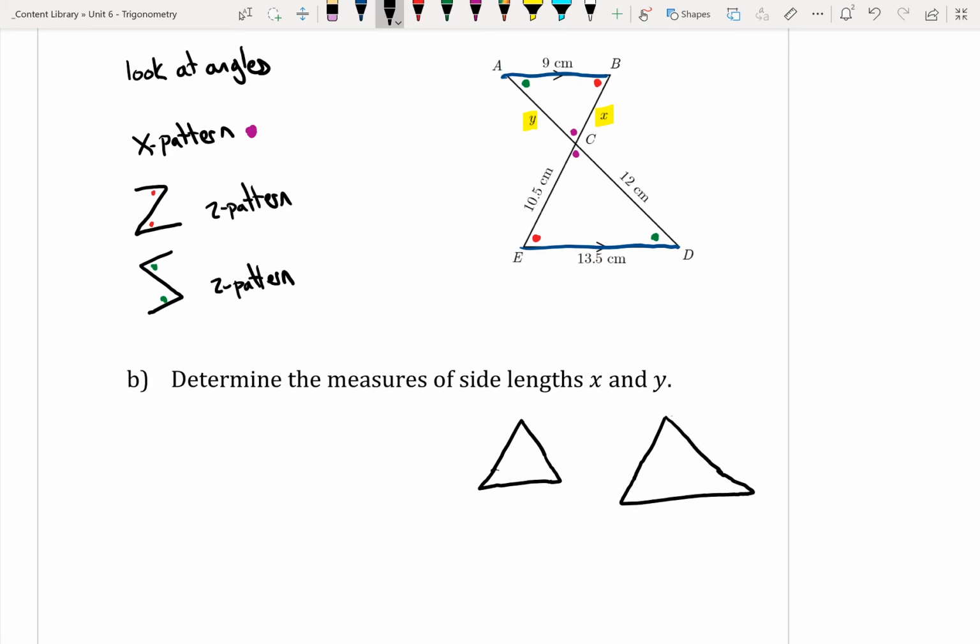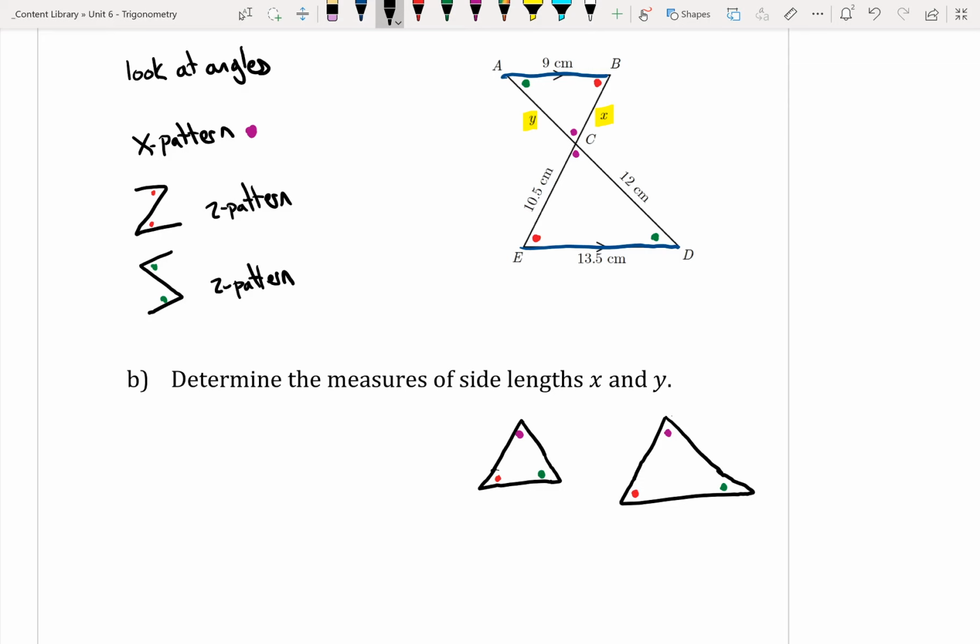Again, it's not going to be to scale, but what we can do is put the dots in the right spot to represent the angles that we know based on the one above. And now we can label our sides, again, based on what we know.